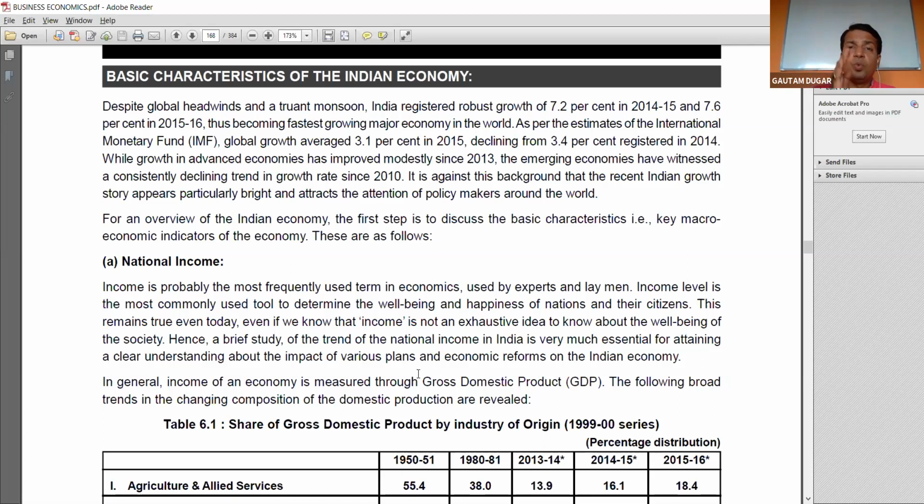The Planning Commission existed in India till 2014. On 1st January 2015, it was scrapped completely, and Niti Aayog took over.